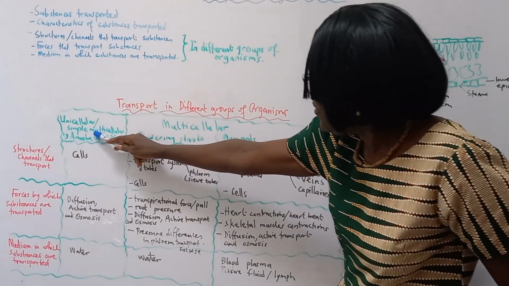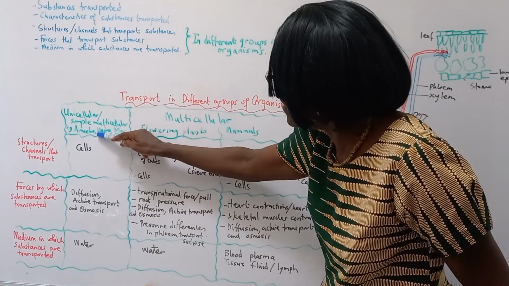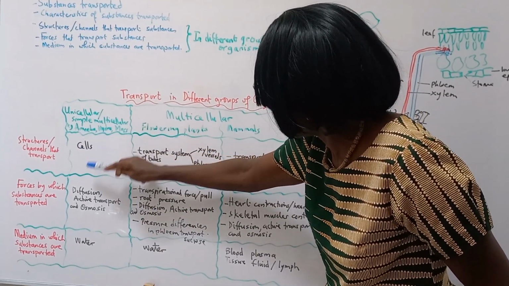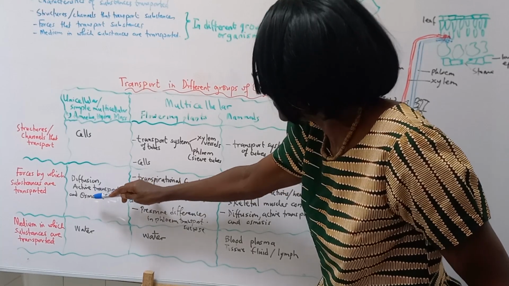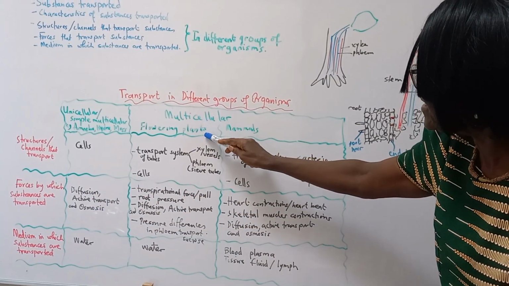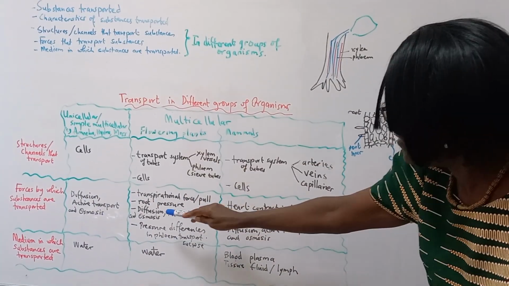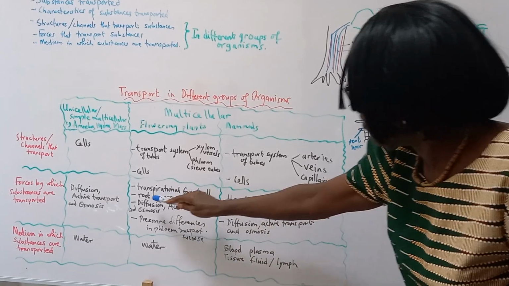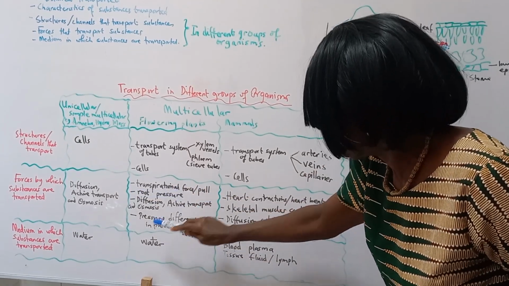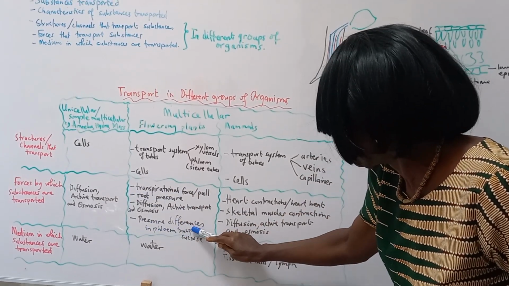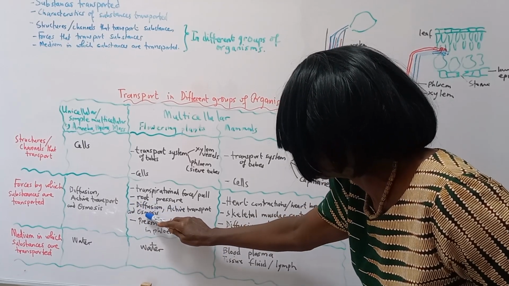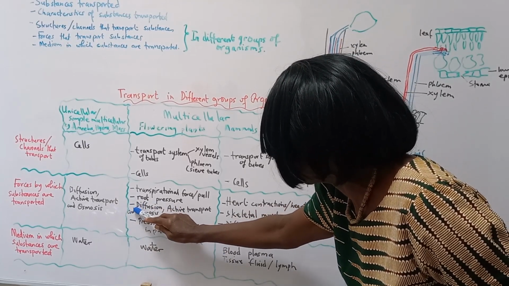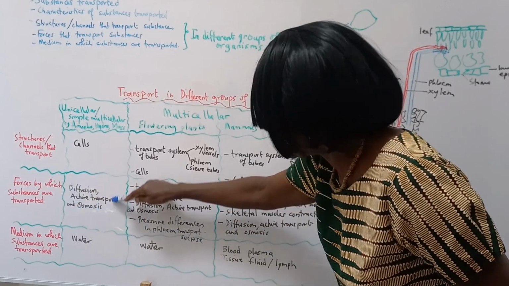So when you come to unicellular organisms and simple multicellular ones, the forces that transport substances are diffusion, active transport, and osmosis. When you come to multicellular ones like flowering plants, the forces are transpirational force or pull, root pressure, pressure differences in the phloem, as well as diffusion, active transport, and osmosis, because substances will get to the cells where these are needed.